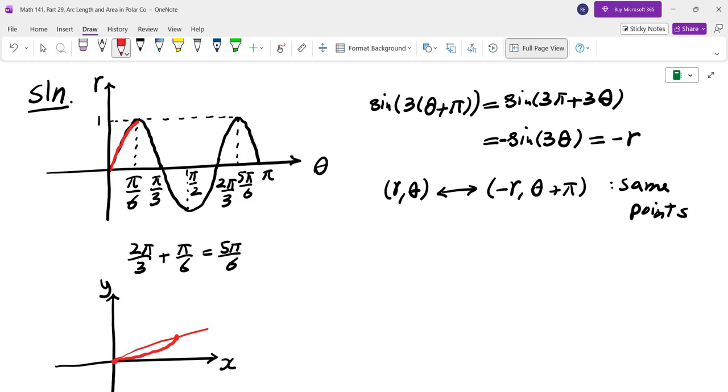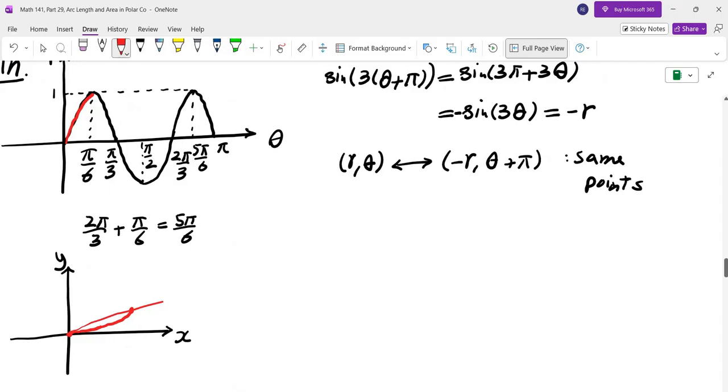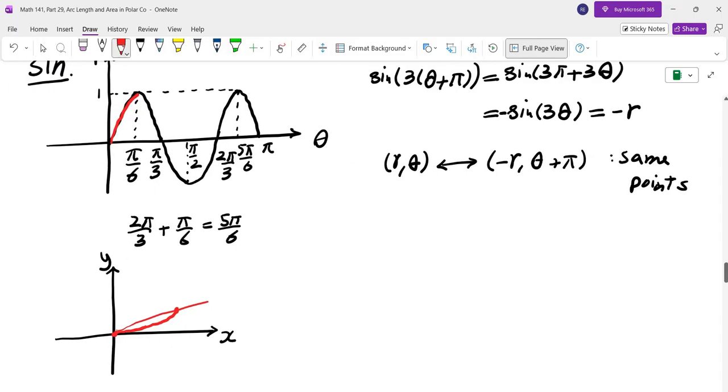Then it comes back down to the origin, going from theta equals pi over 6 to theta equals pi over 3. So we get a curve like this. This one is a rose, and this is one of the 3 petals.